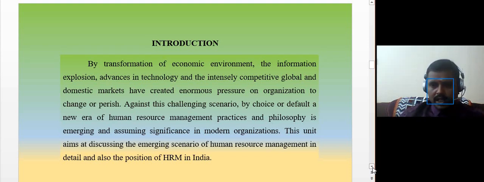So man only invented the machine, man only invented money for exchanging commodities or products, and man only introduced machines, methods, materials and everything else. So what is the necessity of human resource management practices in an organization?